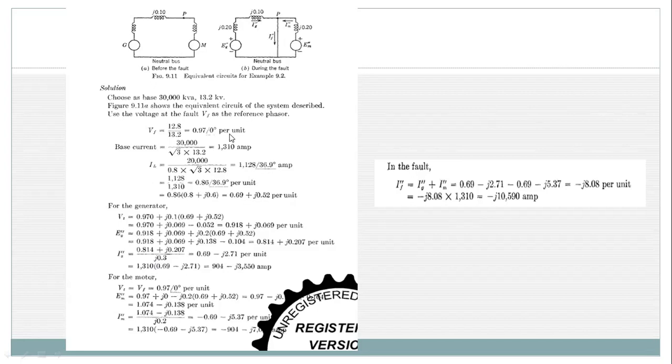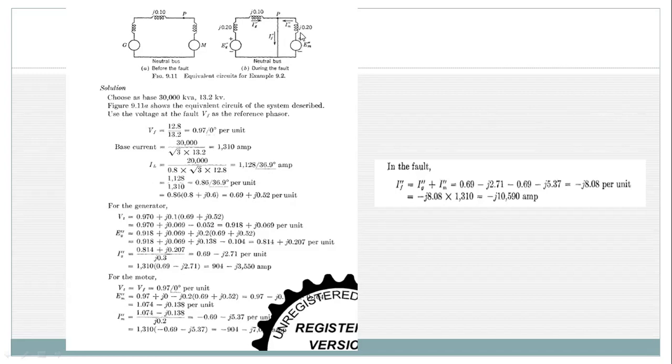Now for the motor condition, for the motor we know the terminal voltage is the fault voltage, that is 0.97 per unit. And for the motor, we have to subtract the internal drop from the terminal voltage. Then we finally find out the internal voltage of the motor. Now the short circuit current of the motor is the internal voltage of the motor divided by the reactance.